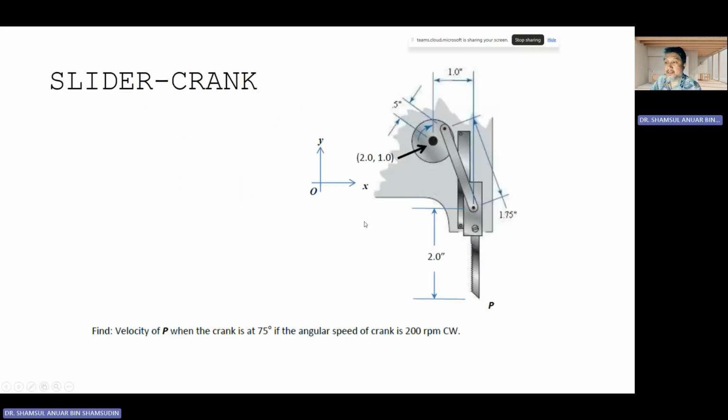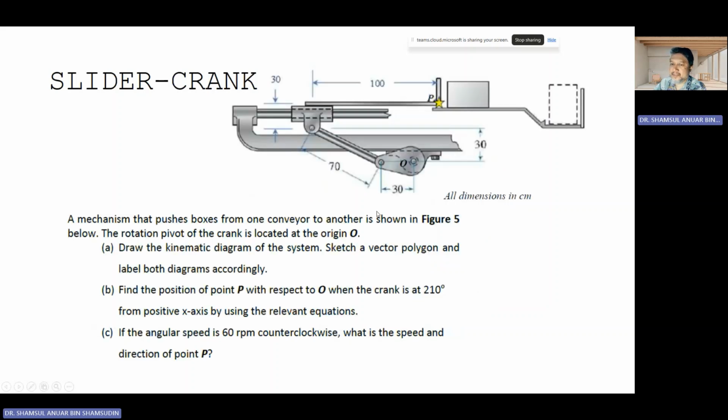All right, and then slider crank. You can have this kind of problem. Maybe you guys might have a different way. I would suggest you use either the vector method or the formula method. The formula will be given, and you need to know how to use the formula.